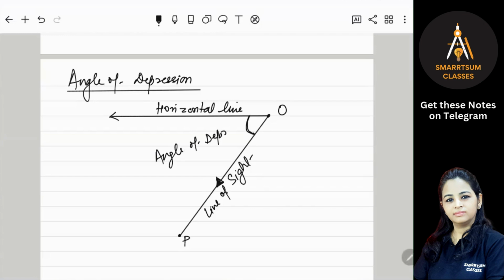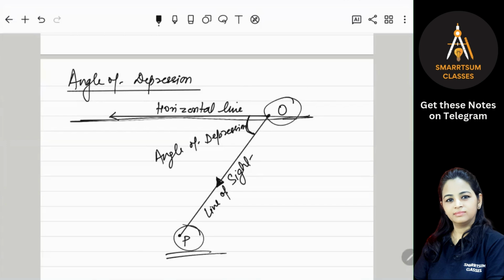This angle is called the angle of depression. So what is the angle of depression? If you are looking down at an object which is placed below the level of your eye, because now the observer is at the point O and the object is placed at point P, and the level of your eye is this horizontal line, and this object is placed below the level of the eye.